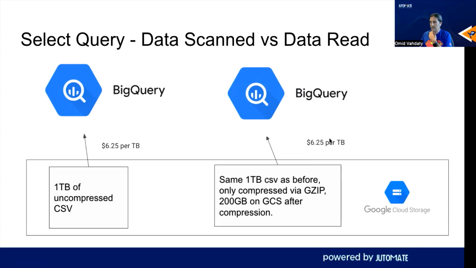Therefore, you'll be paying, in theory, 20%, which is $1.05. But in BigQuery, you'll be paying the same amount. So the only cost reduction is the cost of the actual storage. You'll be paying 1/5 over here. Any questions about this?